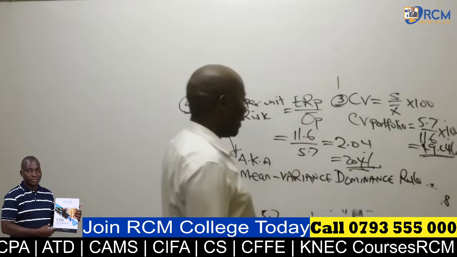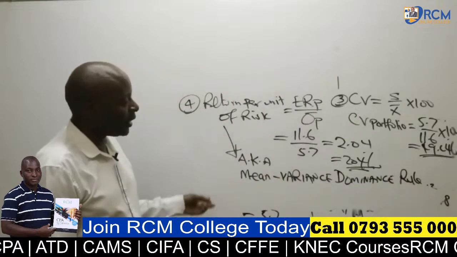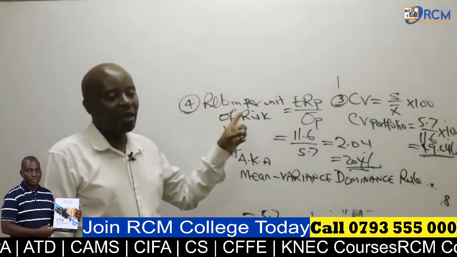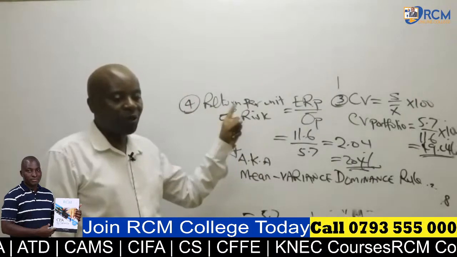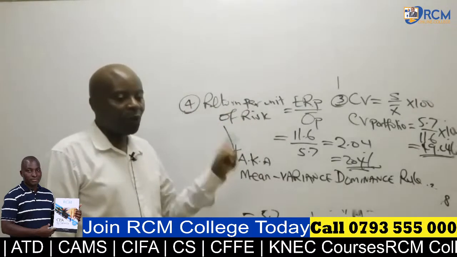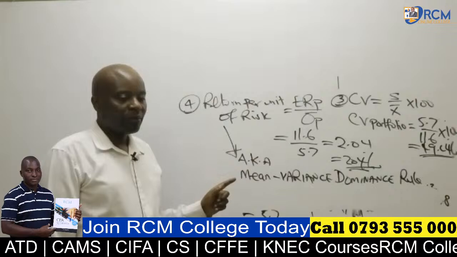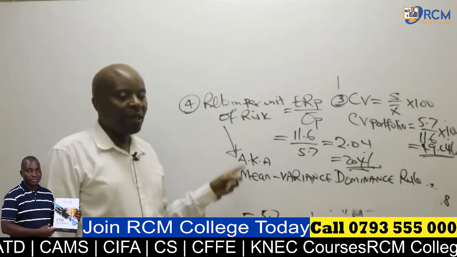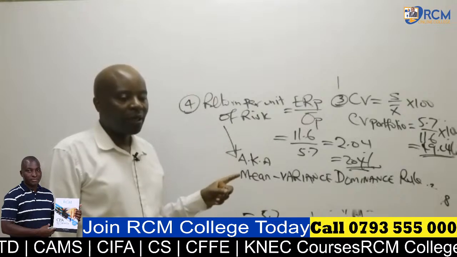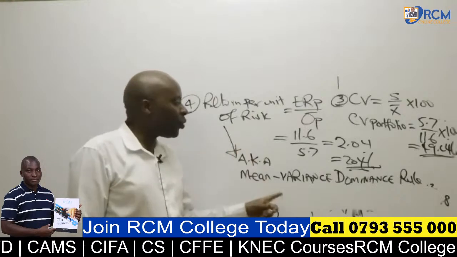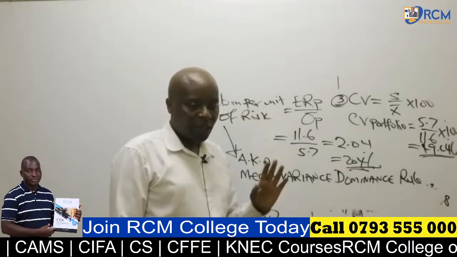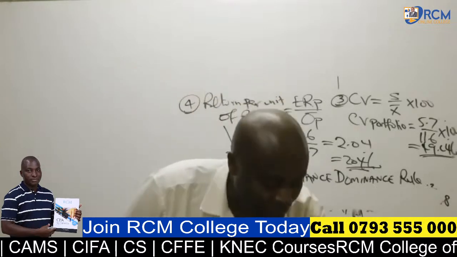So whenever they talk of mean variance dominance, basically they are making reference to the return per unit of risk. AKA means also known as. So when you see the mean variance dominance rule, they want you to calculate the return per unit of risk.